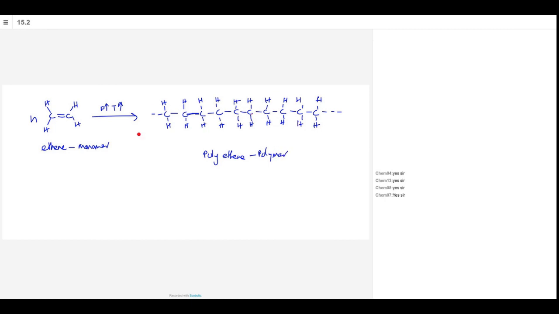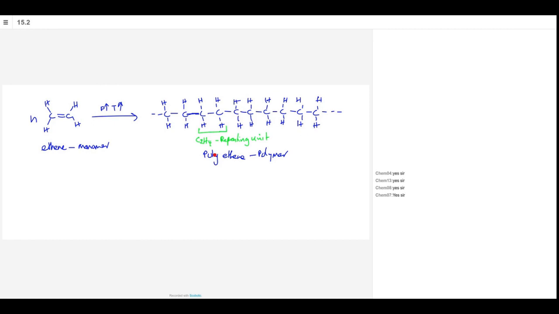Notice here this C2H4 group repeats throughout, right? You can see the C2H4, C2H4. That C2H4 is referred to as the repeating unit. That unit repeats throughout the structure.